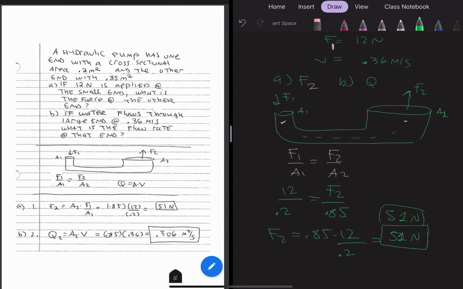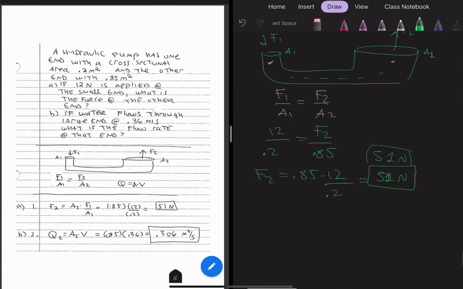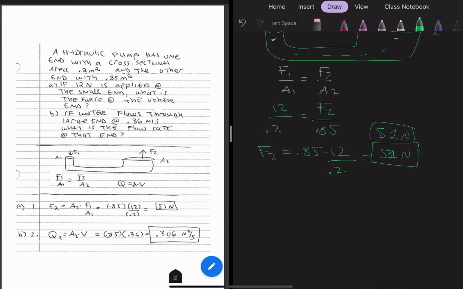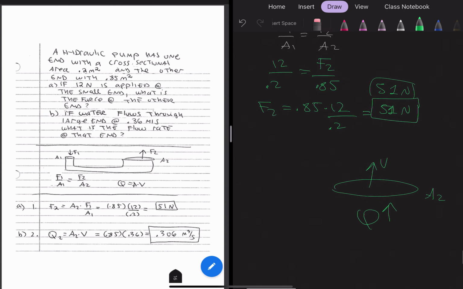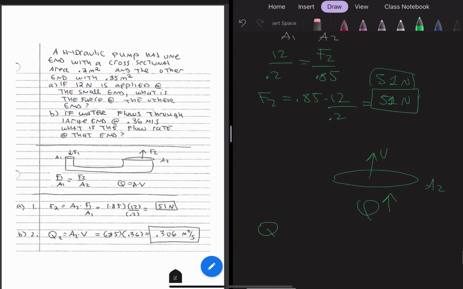Okay, and so now the other part says, now we're looking at the large end, so this end here, A2. The fluid is flowing through with a velocity of 0.36, and we want to get the flow rate Q. So the flow rate through the large end is going to be just the large area multiplied by the velocity V here.